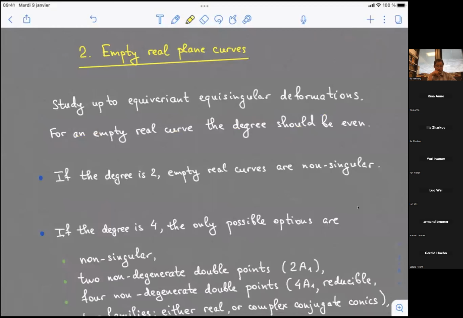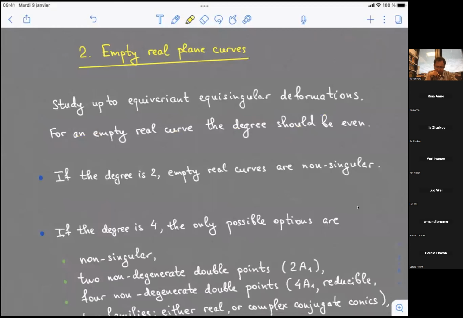Of course, you can play this game in any even degree. If you want to have an empty real plane curve, the degree should be even. And then you can try to look for a kind of classification of these empty real curves in a given degree.